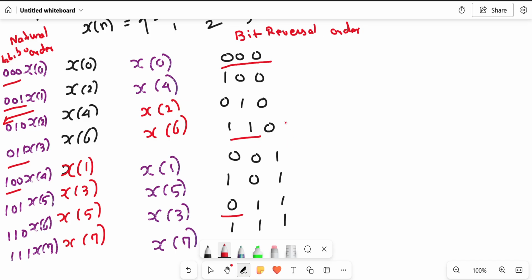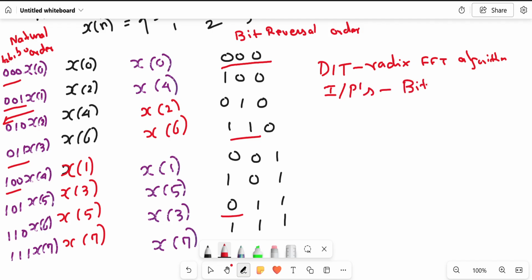Okay, so in the decimation in time radix 2 FFT algorithm, the inputs are in bit reversal order. The x of n should be in the bit reversal order.